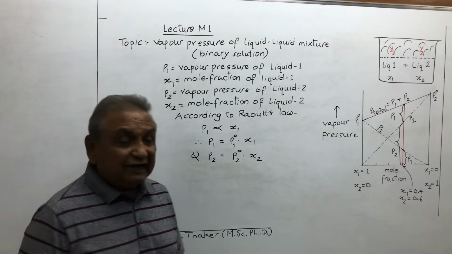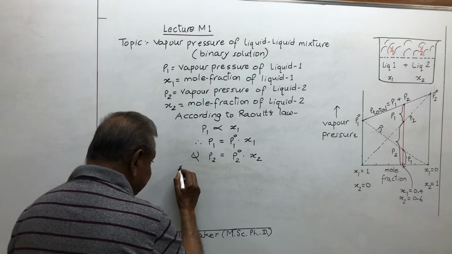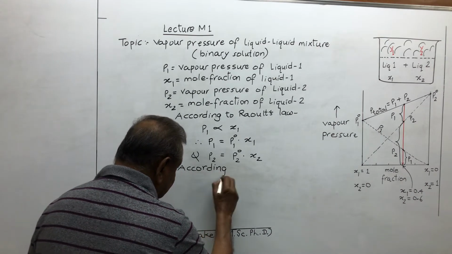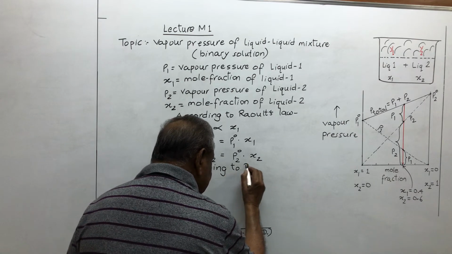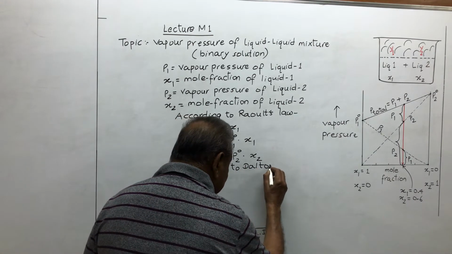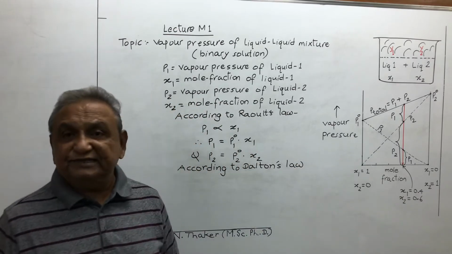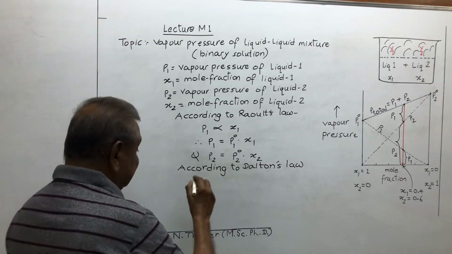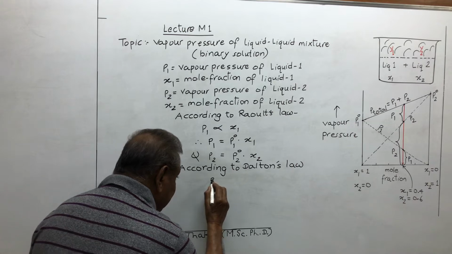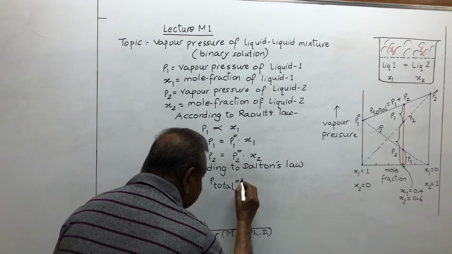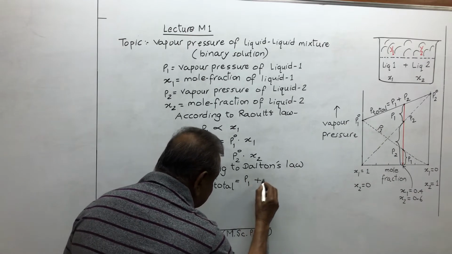Now, according to Dalton's law of partial pressures, P total equal to P1 plus P2.